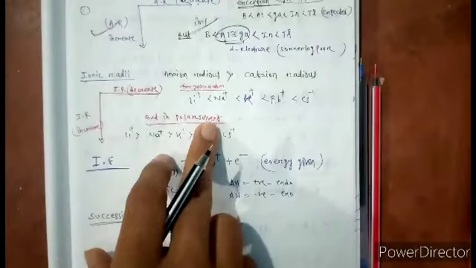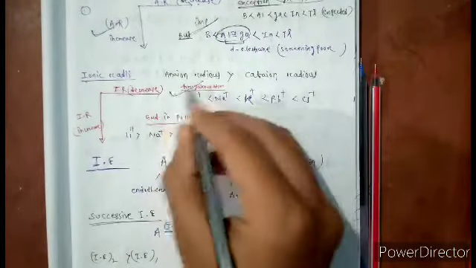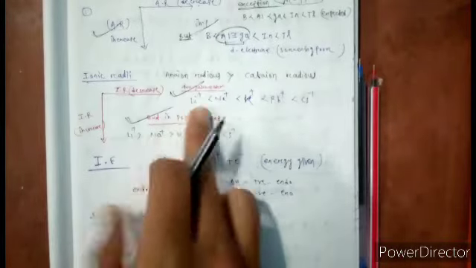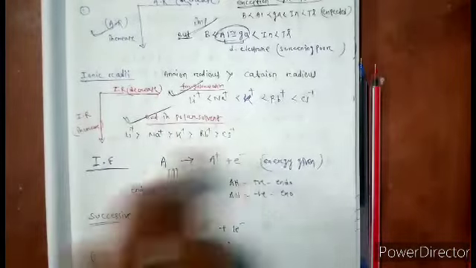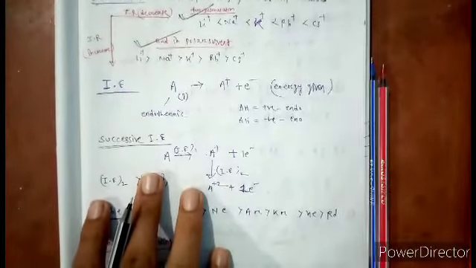But in polar solvent it is alternate. For gaseous atoms this is the order, but if we add these in water, then this is the order. Then come to what is ionization energy.